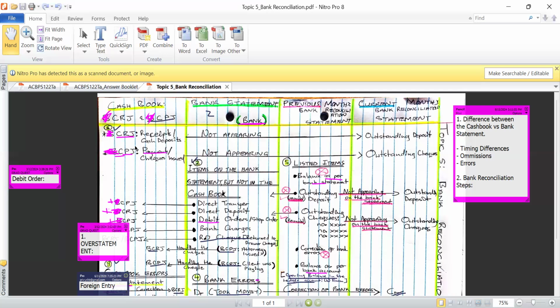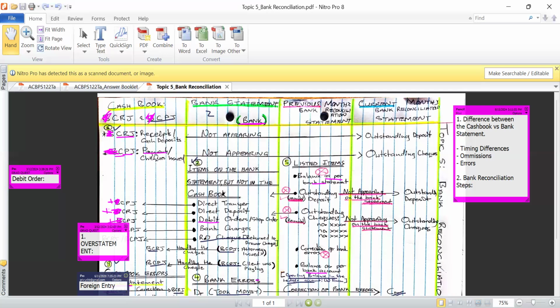Then step number two, it's this one here, where you are looking at the cash book payments journal and comparing it against the bank statement. So you're looking at all the payments that have been made by the business in cash, all the checks that they've issued, and also the EFT payments that you have made from the bank.